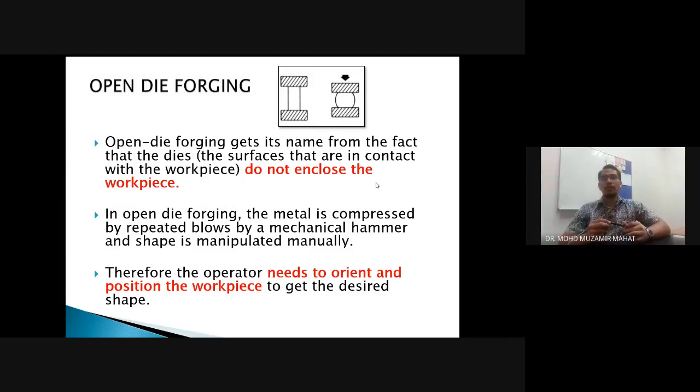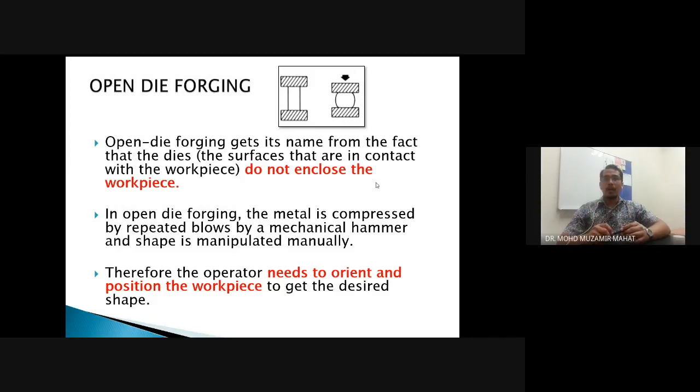Let's talk about open die forging. Open die forging originally gets its name from the fact that the dies, which are the surfaces in contact with the workpiece, do not enclose the workpiece. It means that it is open.